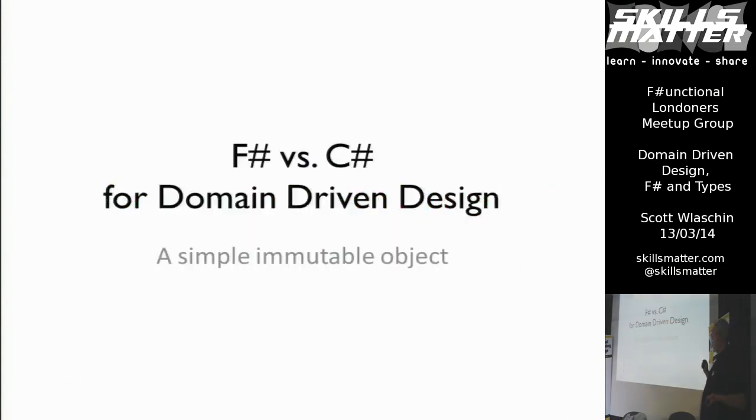Very good. So let's compare F# and C# for domain-driven design, and we're going to take a very simple, immutable object. Now, in domain-driven design, there's this concept of value objects versus entity objects, and value objects are immutable and they don't have identity and so on and so forth, and entities have identity and so on. So we'll have a quick look at how F# and C# compare with those.